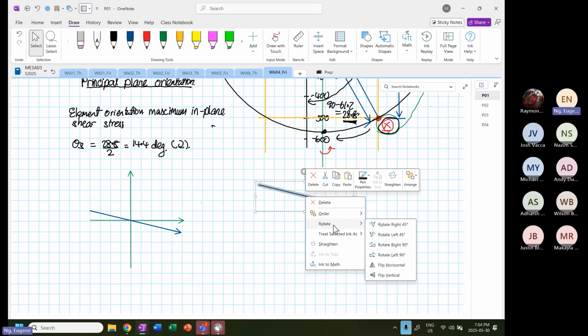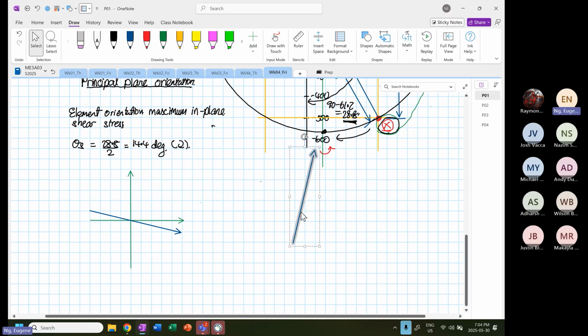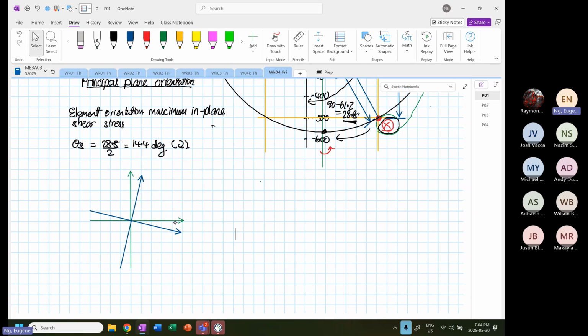Okay. So at this orientation, right? So this is 14.4. Okay. At this 14.4, we are going to get a maximum shear stress.